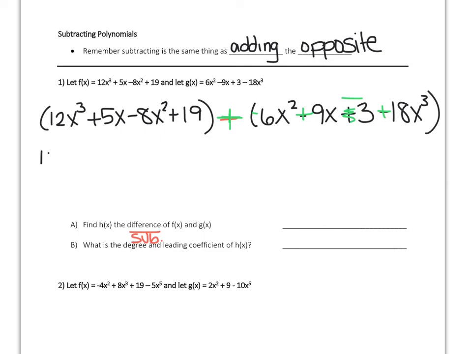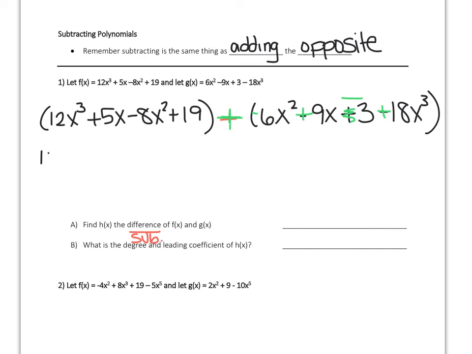The next highest power looks like x squared. So I have a negative 8x squared and a negative 6x squared. And when you add those together, you get a negative 14x squared. Then it looks like my next term are my x's, which I have a positive 5x and a positive 9x. And when you add those together, you get 14x.